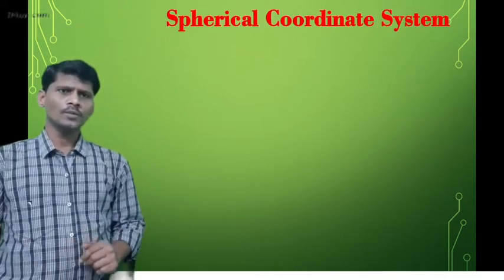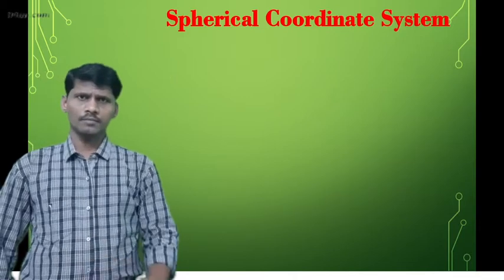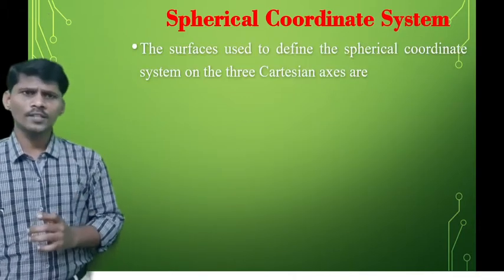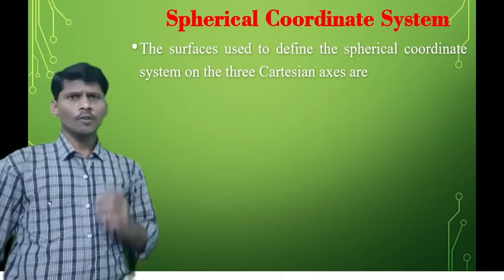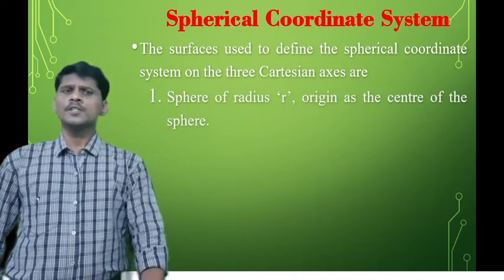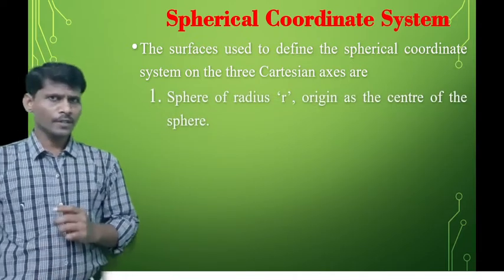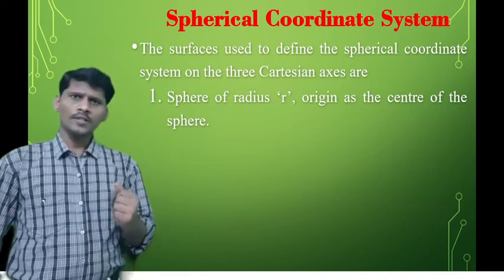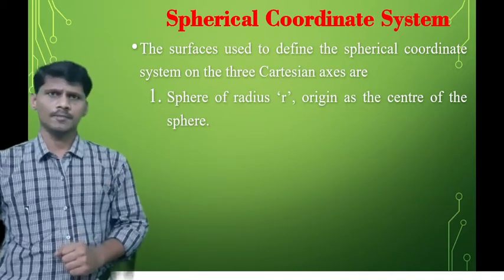Next, coming to spherical coordinate system. The surfaces used to define the spherical coordinate system on the three Cartesian axes are, first one, a sphere of radius r, where small r is the radius of the sphere, with the origin as the center of the sphere.